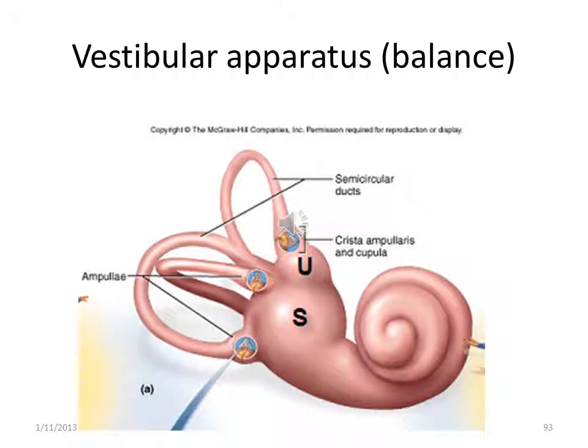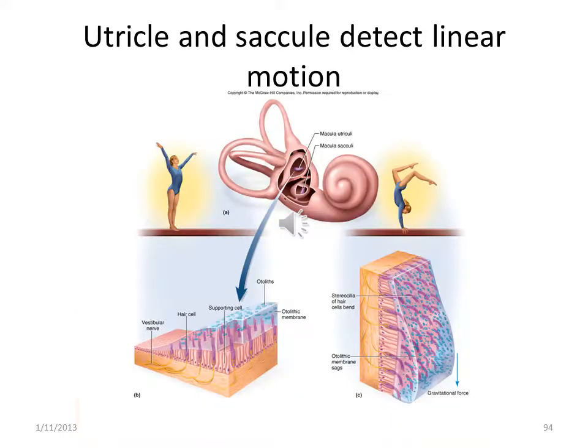The vestibular apparatus within the inner ear is the part of the inner ear responsible for balance, and it consists of two structures called the utricle and the saccule, indicated by the U and the S on the picture, as well as three semicircular ducts or semicircular canals. The utricle and saccule detect linear motion, as is shown by the gymnast here turning upside down.